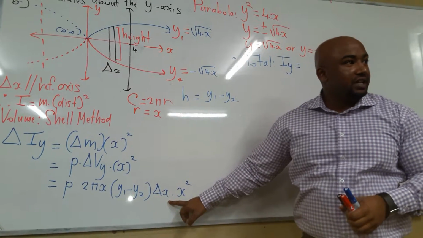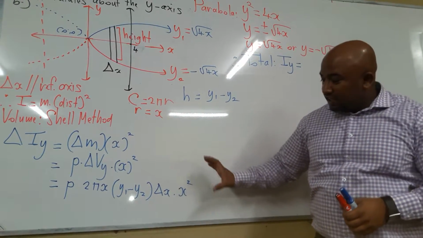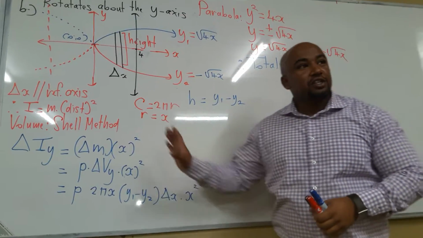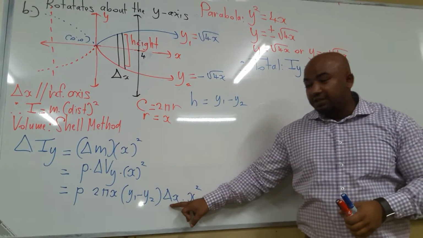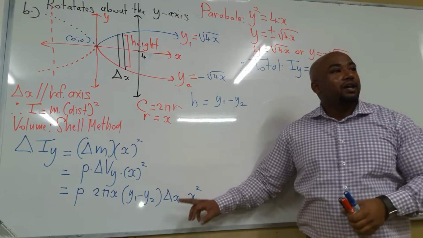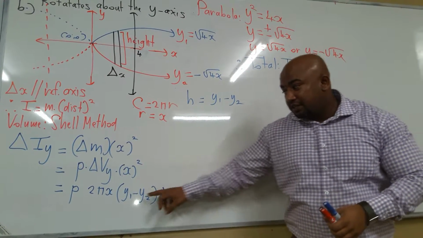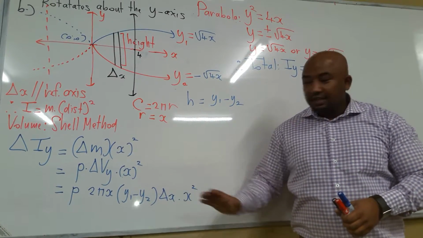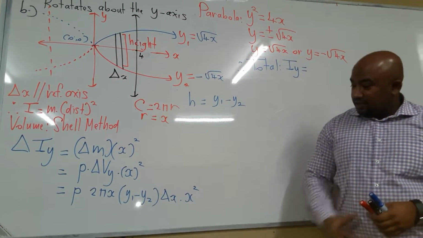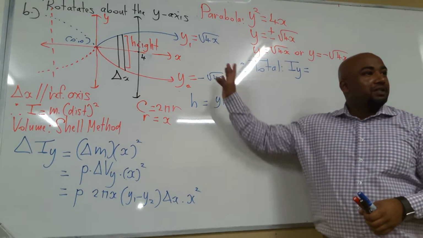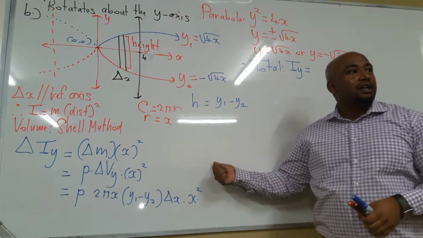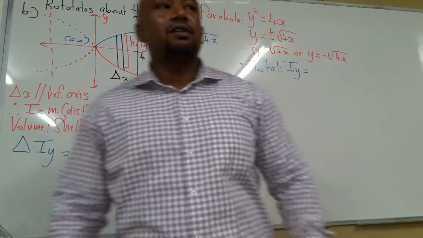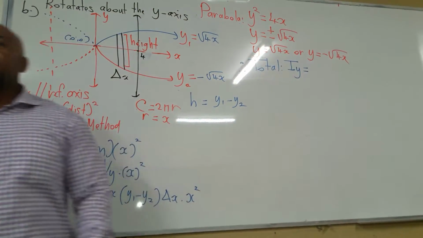We are still dealing with dx here. Let's see if you can do the substitution. Take out your constants. We are integrating with respect to x, so we need to replace y1 and y2 in terms of x. This is the most important part: to interpret the diagram and get your formula right. The integration might be simple. Let me give you a few minutes. Let's see if you can do it.